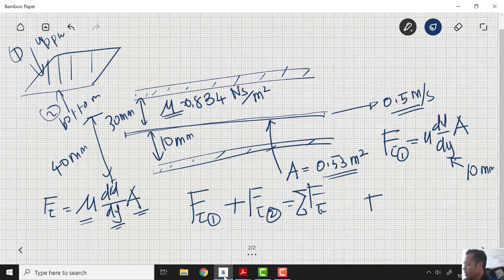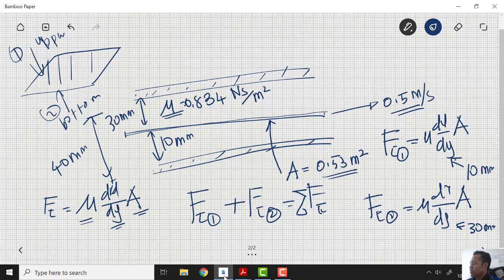And we have another one, Ft2 equal to mu, the same, du the same, A the same, and dy is 30 millimeter.